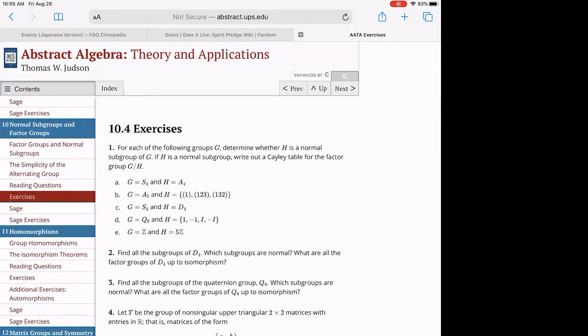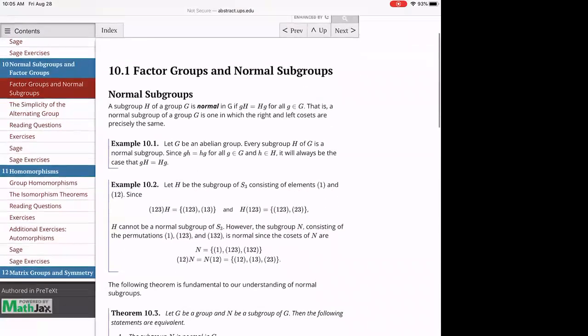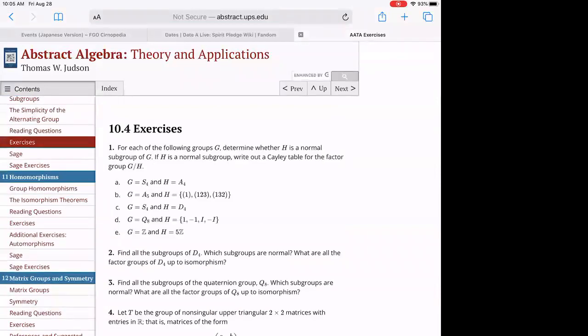Okay. In example 10.1, if G is abelian, it's always normal, right? Because in GHG inverse, you can move the G inverse past the H. In this case, G equals the integers, that's abelian. So any subgroup's normal.